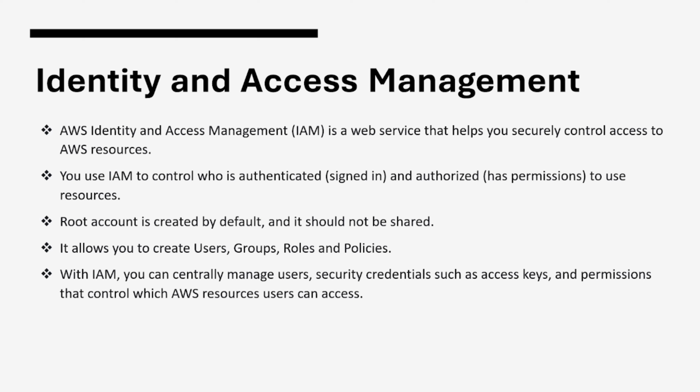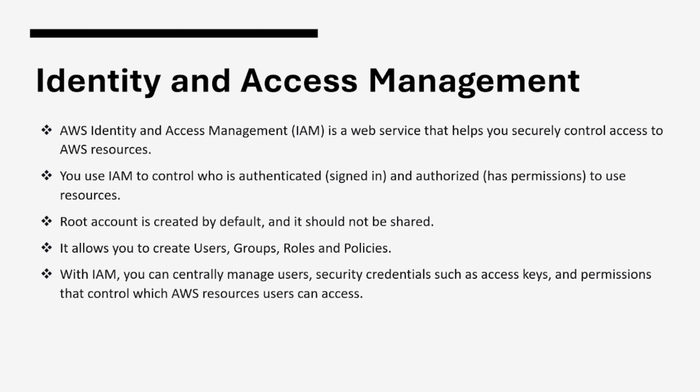Next thing, in IAM we have certain components, right? IAM allows us to create users, groups, which are a collection of users, roles, and policies. Policies over here are the permissions, right? We are going to see it in the next video. With IAM, you can centrally manage the users, security credentials such as access keys, and permissions that control which resources a user can access, right?